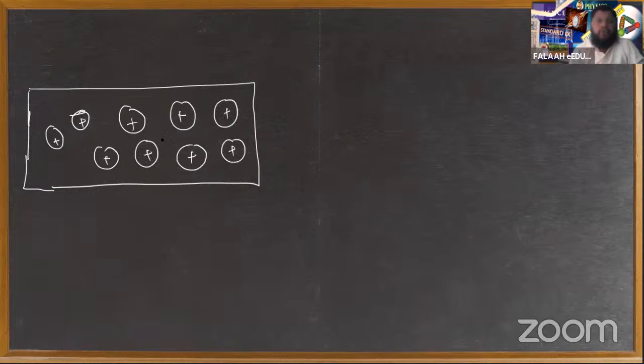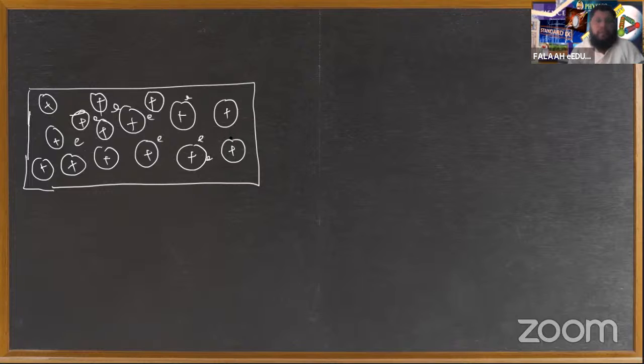This is the positive charge. And every atom has electrons flowing around it. Electrons are flowing around each atom while we have not applied any potential difference.